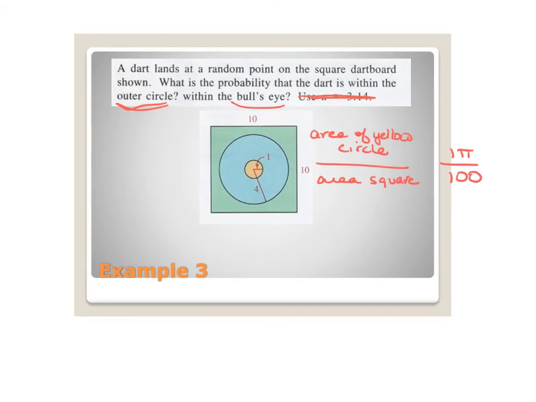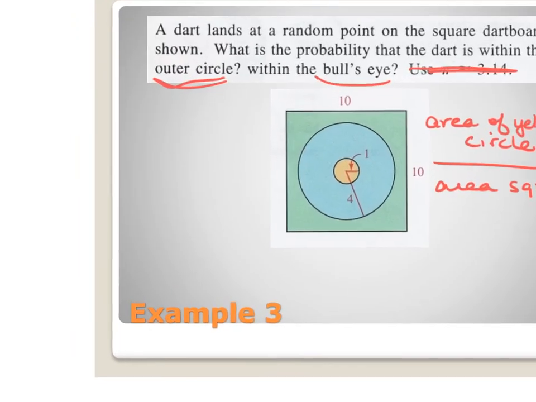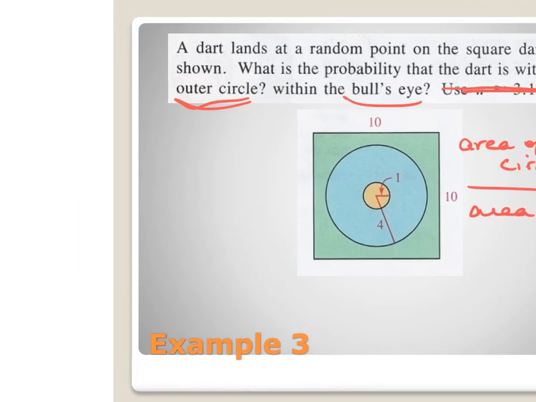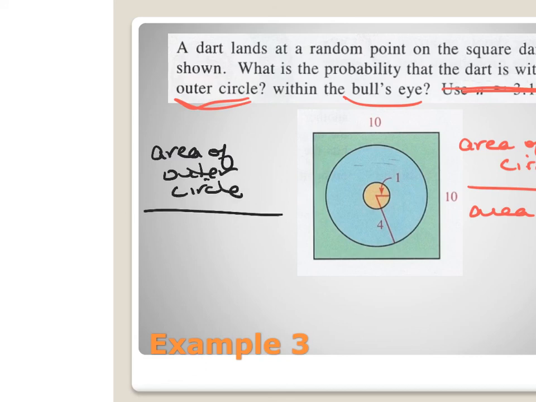Let's do the harder part. Okay, what it wants me to find is the probability that it's going to land in this section here, this blue. I need to find, again, what I'm aiming for over the entire dartboard. So the denominator is still the square. So I'm going to be doing area of the outer circle over area of the square.